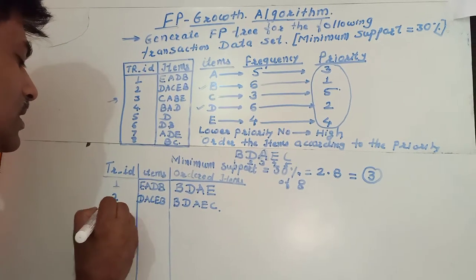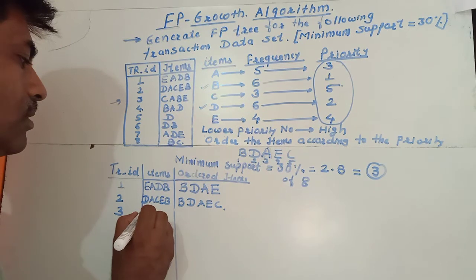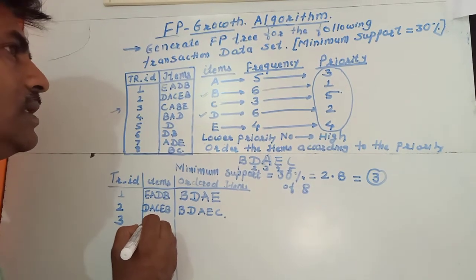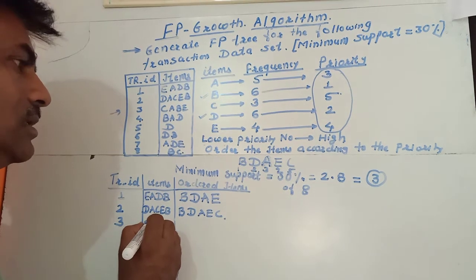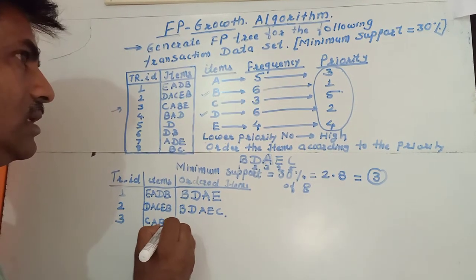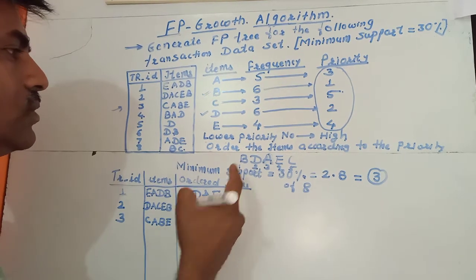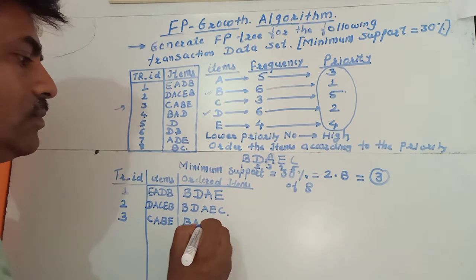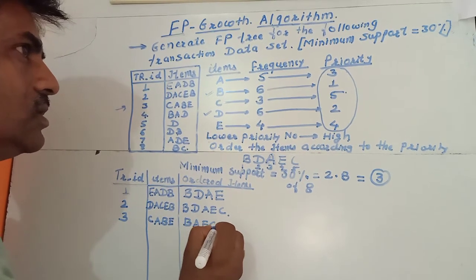Similarly, we will change the order of all the items previously present in the data set. For the items C, A, B, E, according to the new ordered list, it has been changed to B, A, E, C.